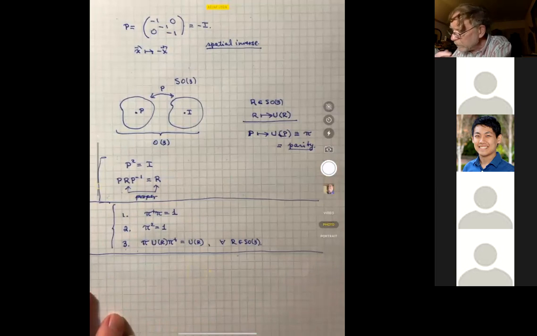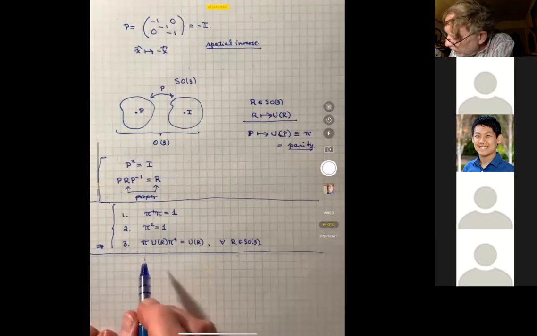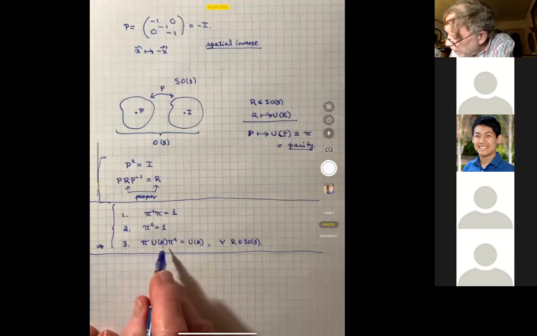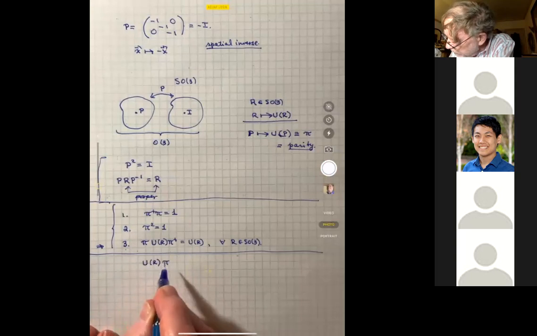Okay. Now then, this third property is interesting because if you rearrange it slightly, instead of conjugating the U, I conjugate the pi, it says that U(R) pi U(R) inverse, which is U(R) dagger, is equal to pi.